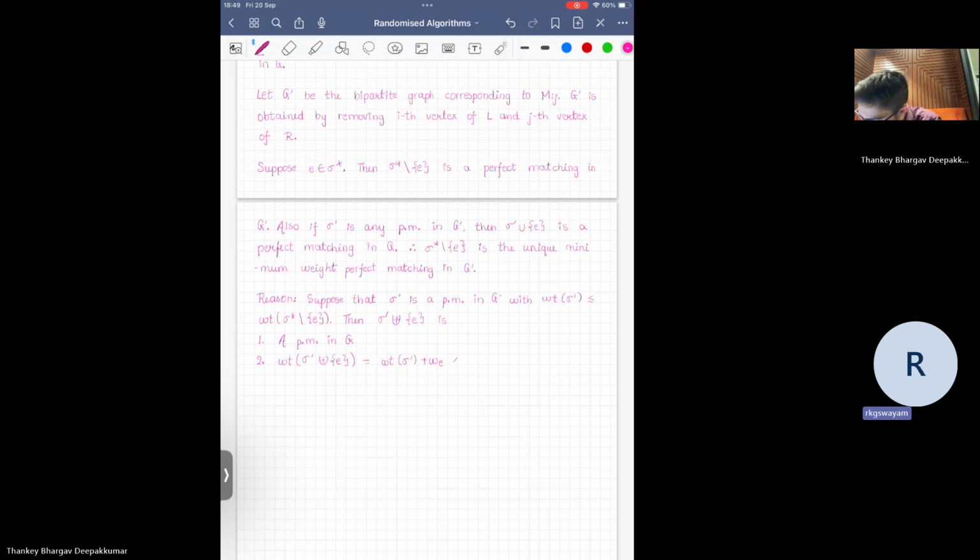I forgot the meaning of this notation. You told me last time, this notation which we used here. Just a second, let me check. Which notation?